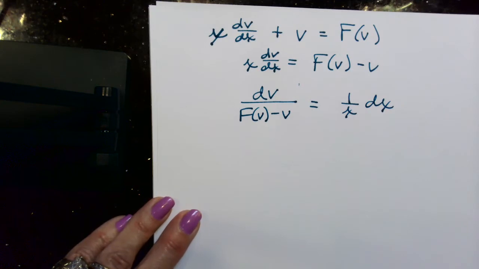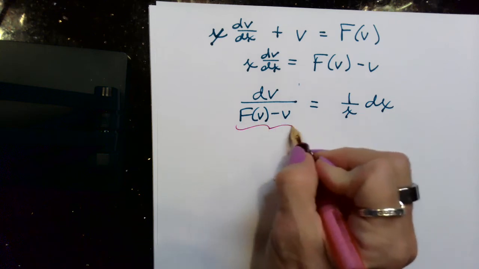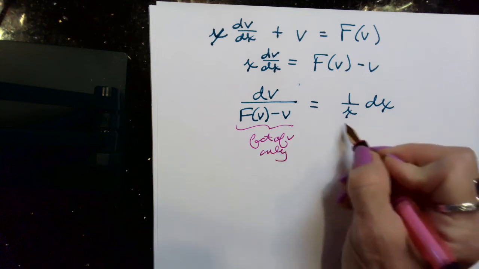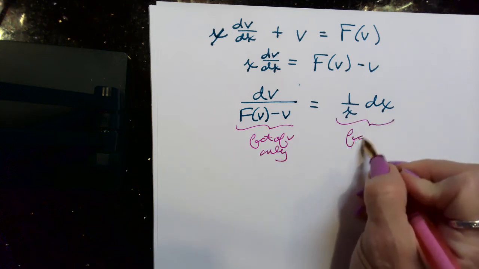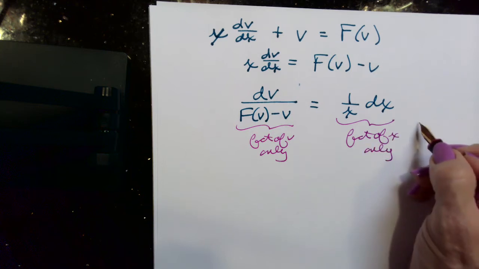And now notice something. On the left-hand side, this is a function of v only, and on the right-hand side, this is a function of x only. So it's separated.